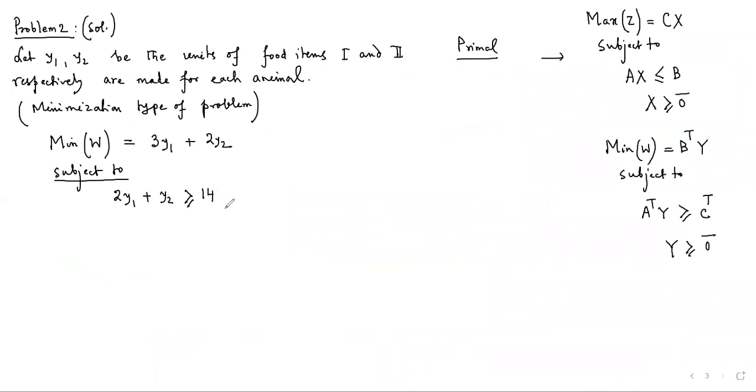If the amount of nutrient present in these food items is higher, no problem, but the minimum requirement is 14. It should not be less than that. Therefore, the greater than or equal to sign is coming.